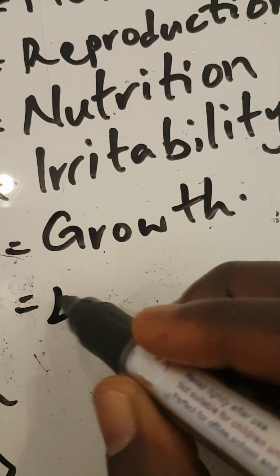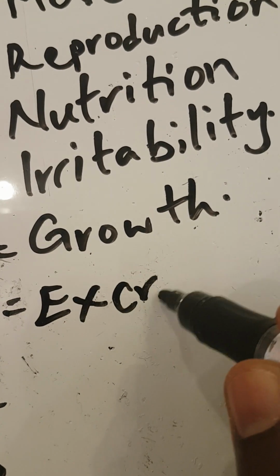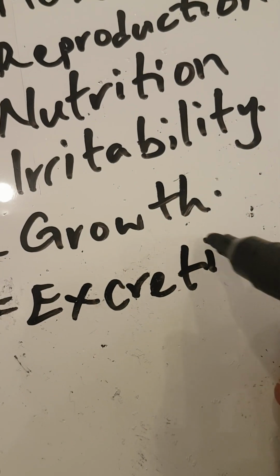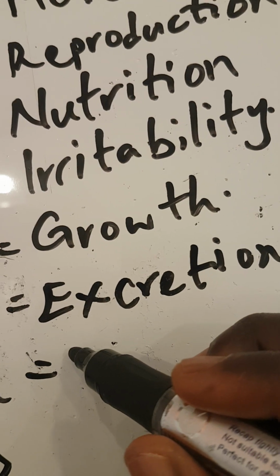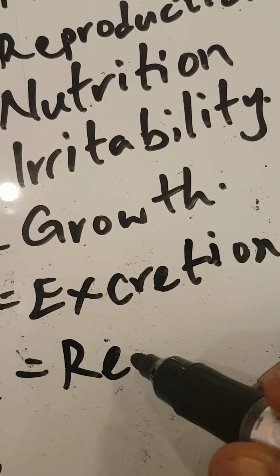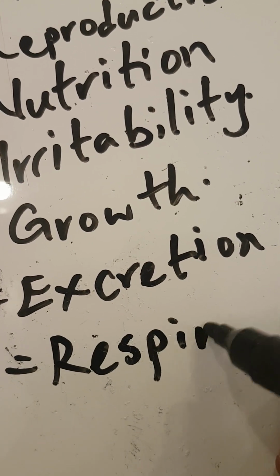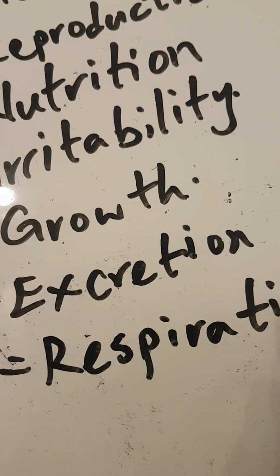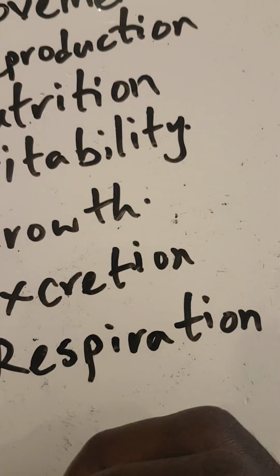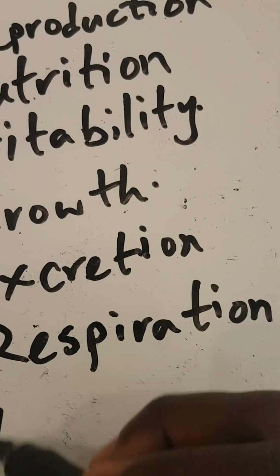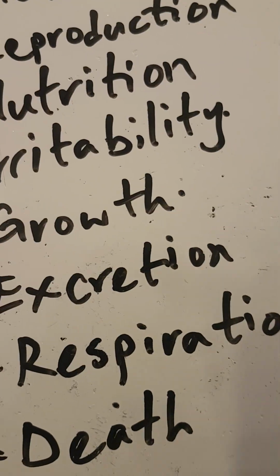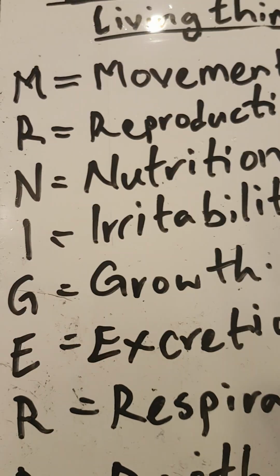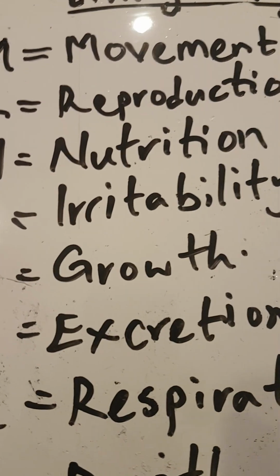E, excretion. We have respiration. Then D, we have death. So all these are the characteristics of living things.